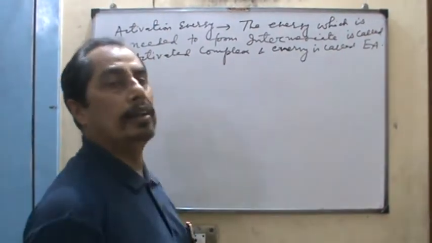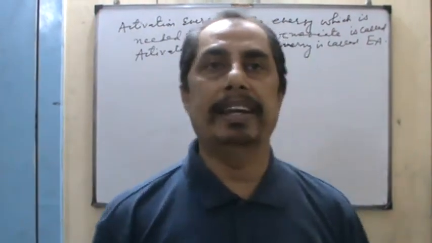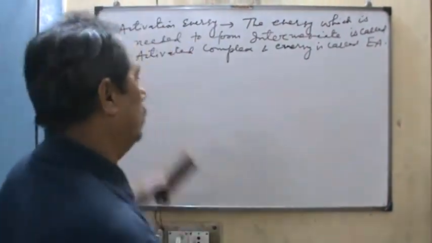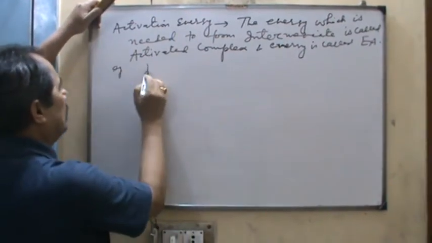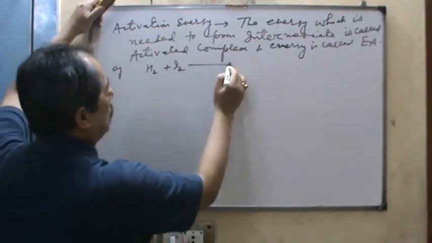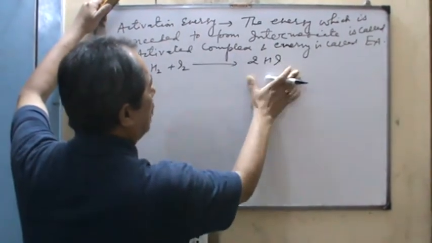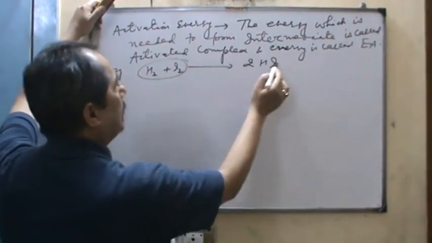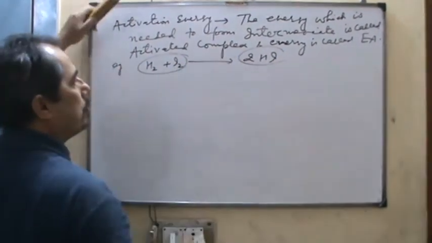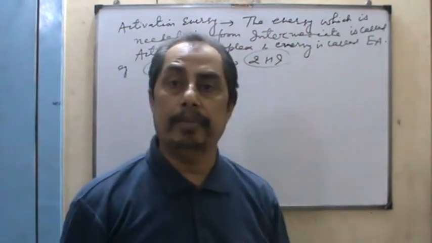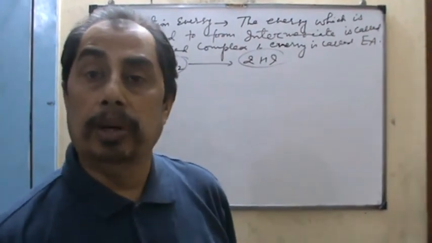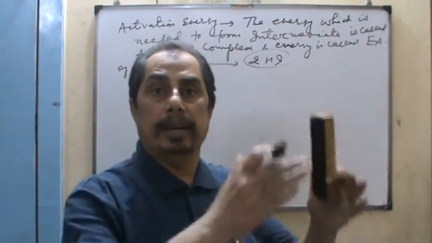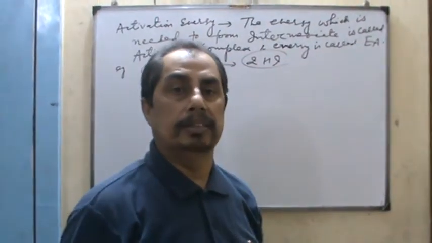To explain it, let us consider a binary reaction. For example, H2 plus I2 gives 2HI. This is the reactant side and this is the product side. Before the product, as I have told you, the catalyst can provide an intermediate path.